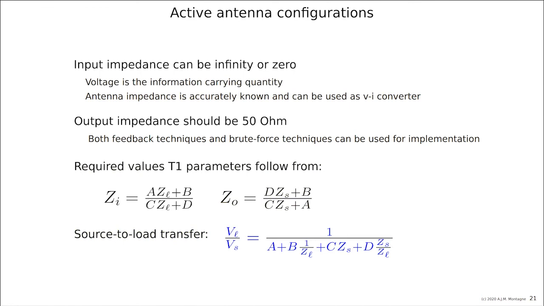For the voltage from the antenna, so Vs is the antenna voltage and VL is the load voltage across the load impedance, which is 50 ohm, you can write down this expression. Again, this expression is not intended to be used for calculating the values. It's more for setting the design parameters A, B, C, or D. It's not for calculating the transfer. No, it's a design equation.